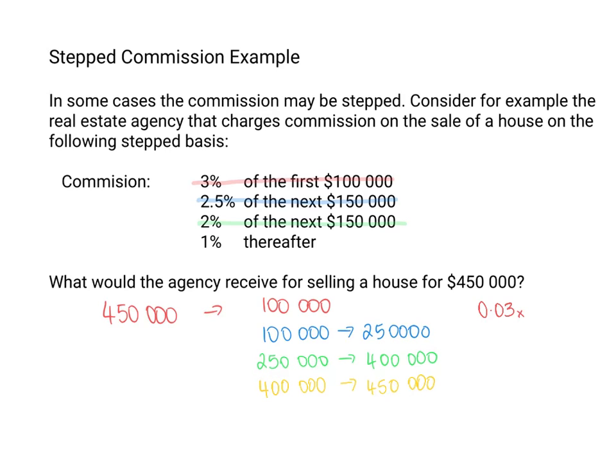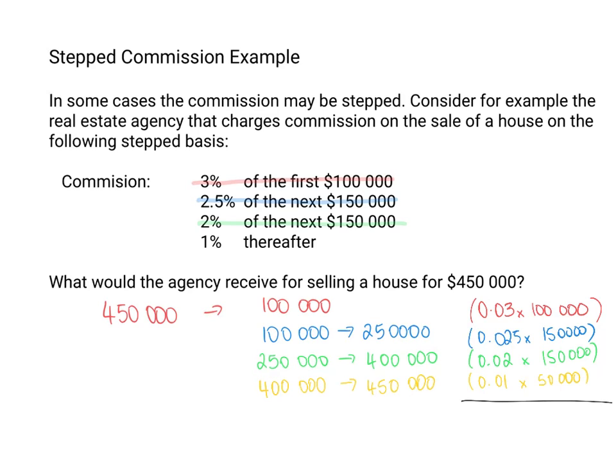Again, I'm going to convert that to a decimal. 3% of 100,000, and we're going to add that to 0.025 of our 150,000, and then we're going to add that to the 2%, so 0.02 times the next 150,000, and then finally the last step, we're going to do 0.01 times just the extra 50,000, the extra step, and then we add that all together.